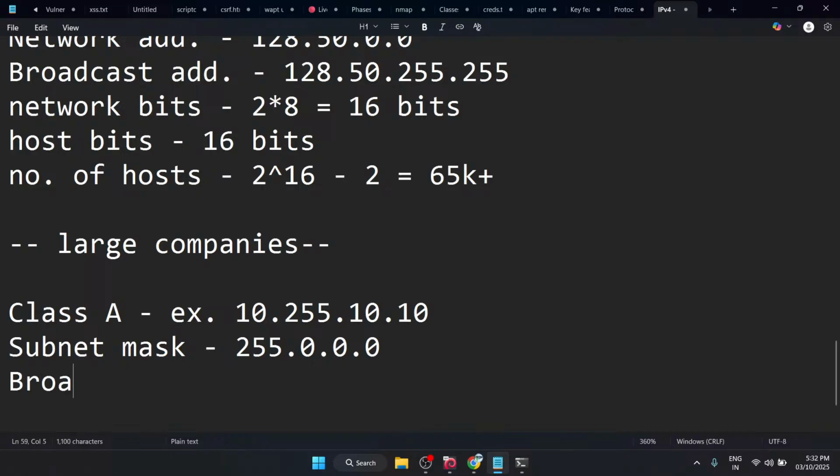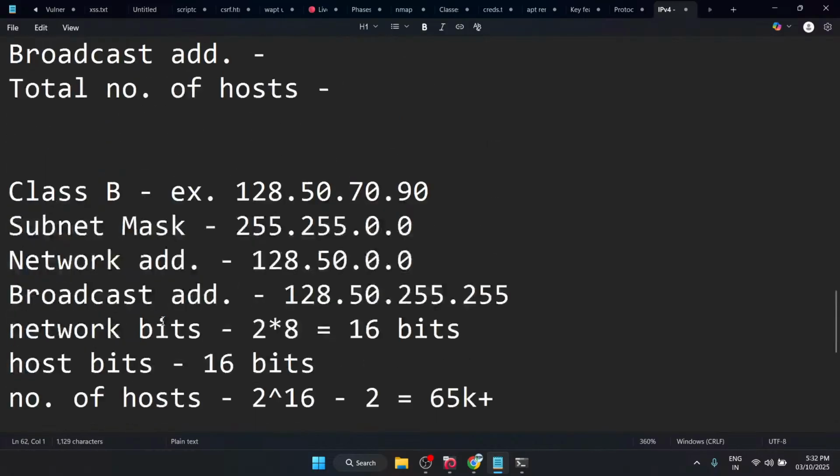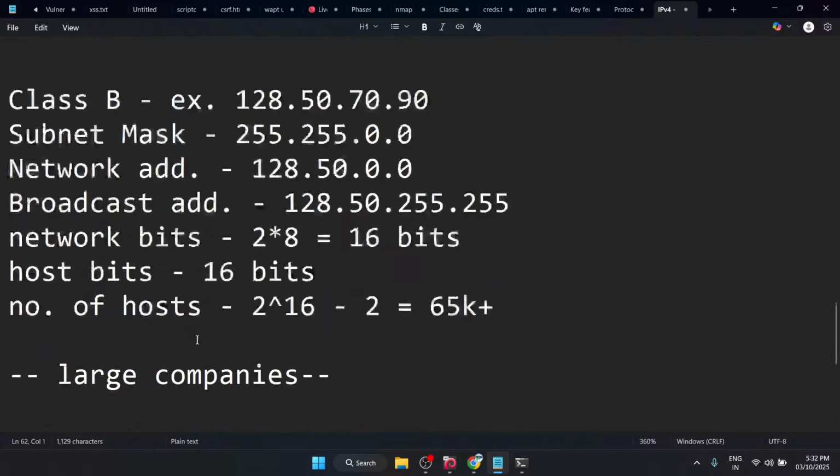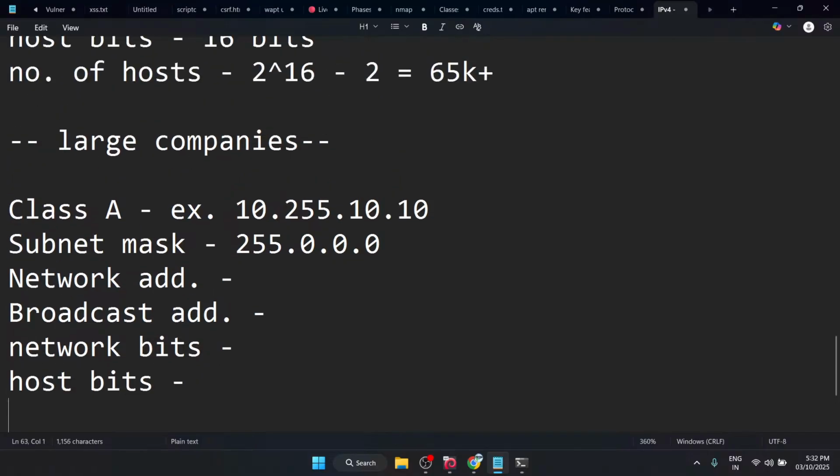Next is your network address and broadcast address, network bits, host bits, and number of hosts.